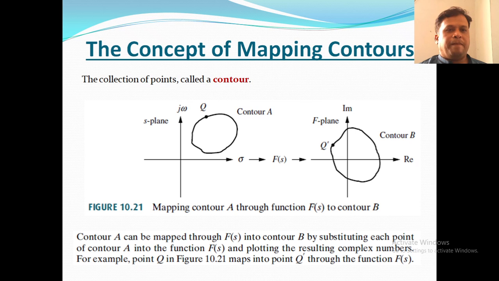This is the mapping of a contour, a collection of points called a contour. That is, we say contour A maps through the function f of s to contour B by these equations. By this graph you can show how they are mapping.